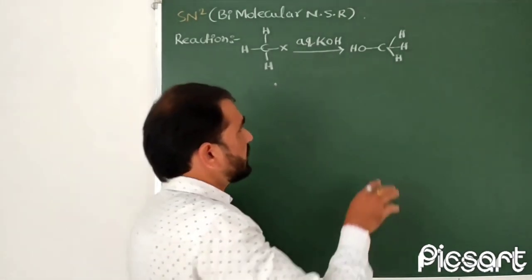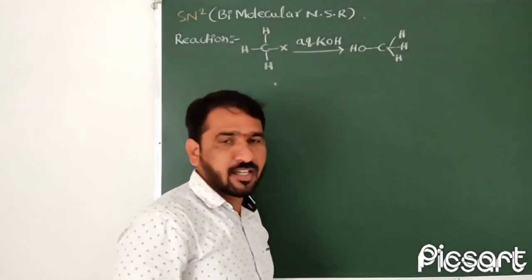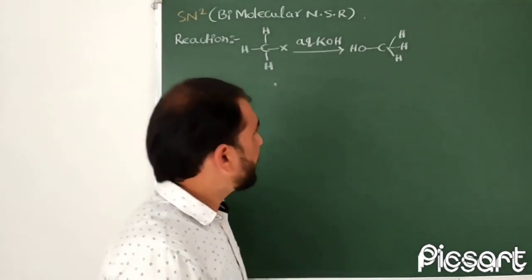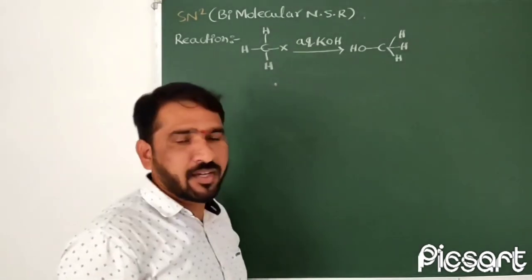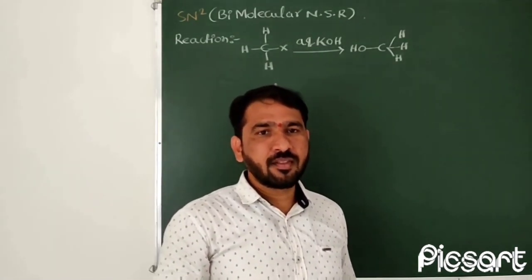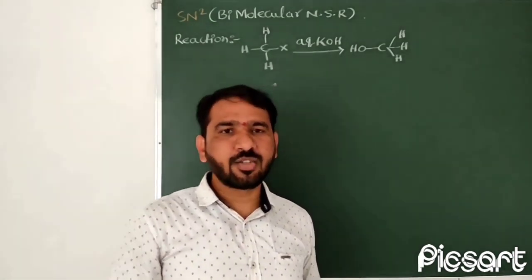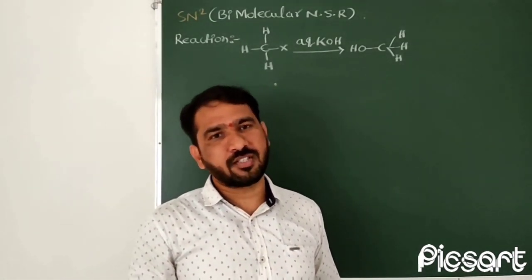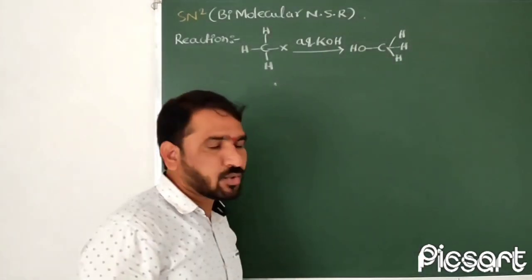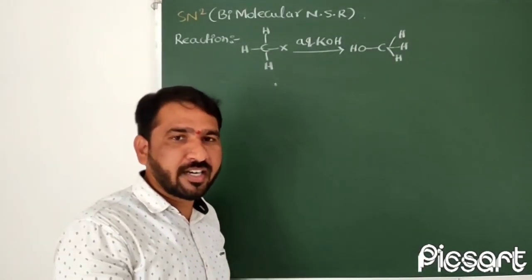So that resultant product is called as inverted product. This phenomenon explained by scientist Walden, that's why this process is called as Walden inversion process. Okay. So this product is also called as Walden inverted product.